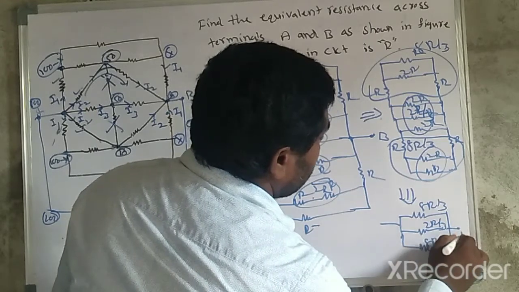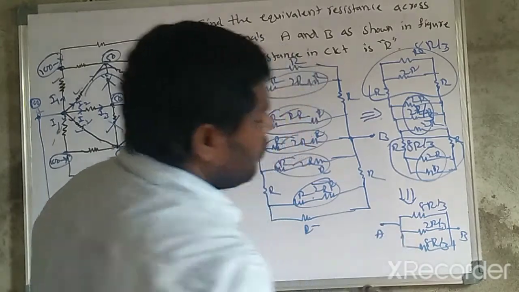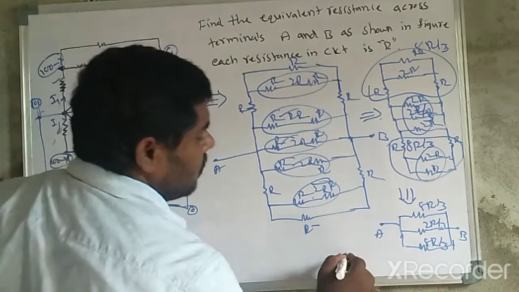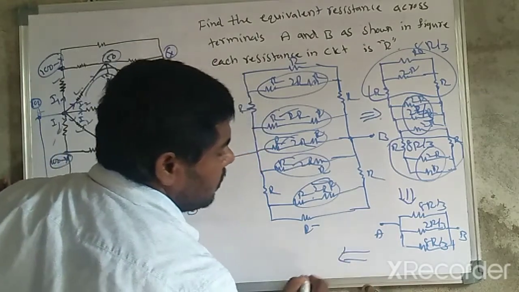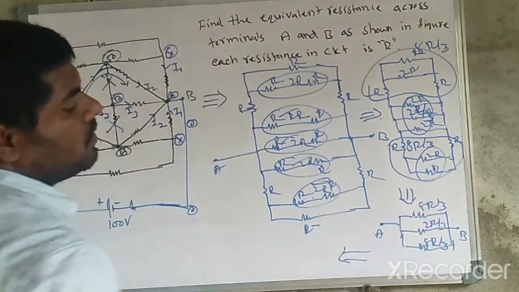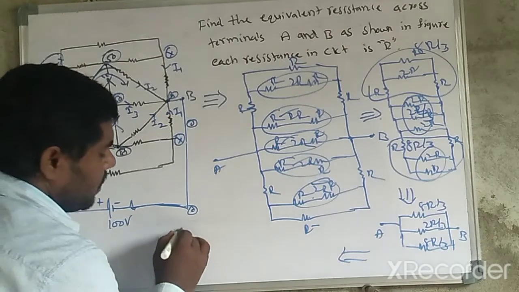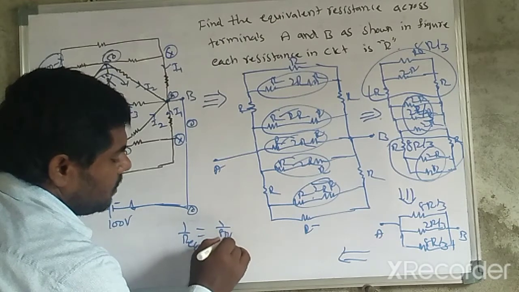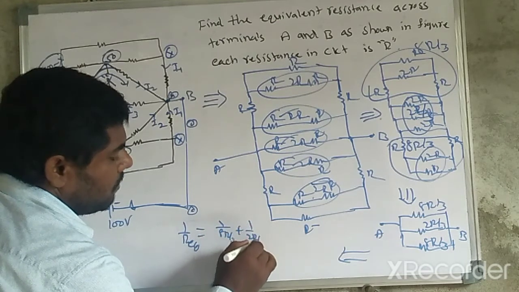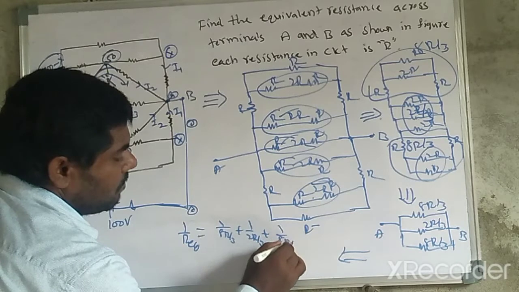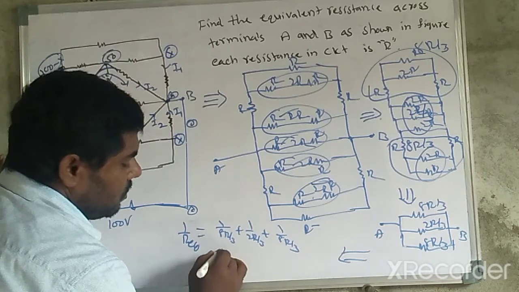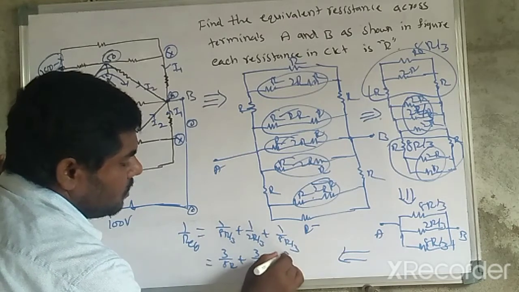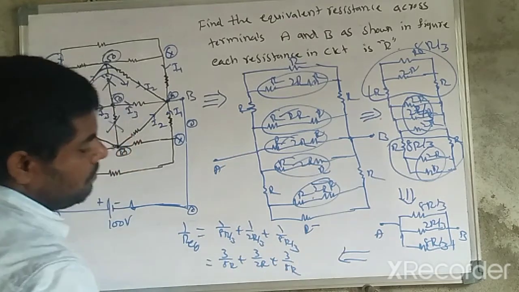Now this is terminal B and this is terminal A. So you may identify the equivalent resistance here. These 3 are in a parallel combination. 1 by R equivalent is equal to 1 by 8R by 3 plus 1 by 2R by 3 plus 1 by 8R by 3. So this is 3 by 8R plus 3 by 2R plus 3 by 8R. Take the LCM 8R.